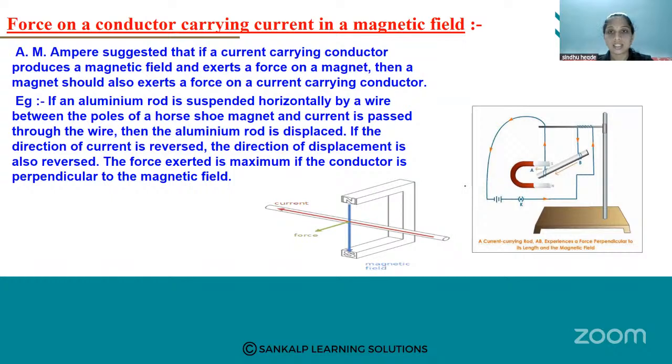You already studied this. So here is one more new concept, that is, force is also exerted at this time. When the current is flowing through a conductor, a magnetic field is generated and a force is exerted. Let us see how the force is generated when the current is flowing through a circuit.